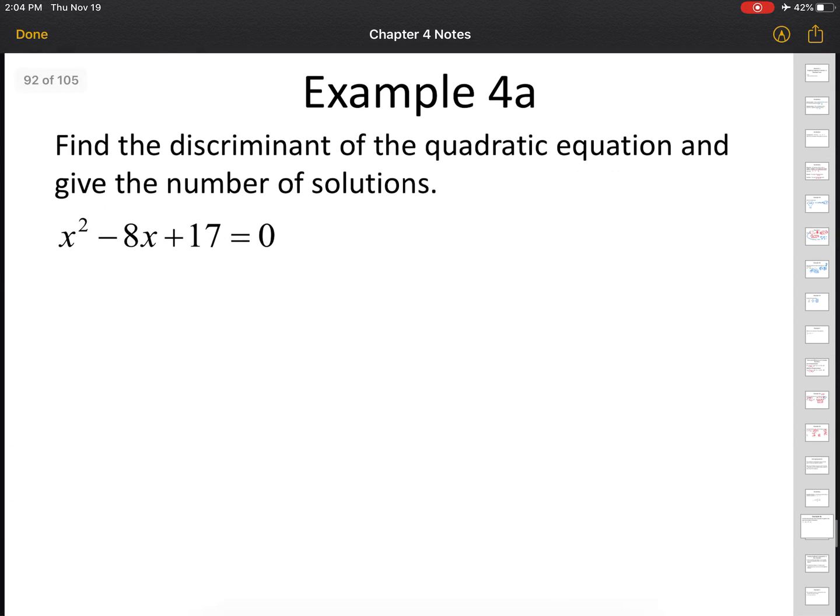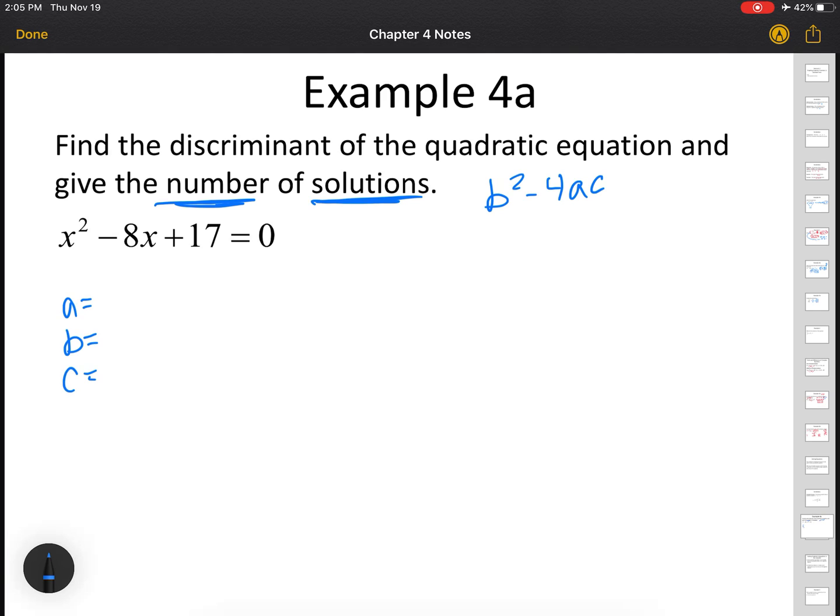So for example here, what we're going to do is find the discriminant. And again, the discriminant was the b squared minus 4ac part, because we're going to give the number and the type of solution. So again, name out a, b, and c. Well, a is 1, b is negative 8, and c is positive 17. So b squared, negative 8 squared, minus 4 times a, which is 1, times c, which is 17.